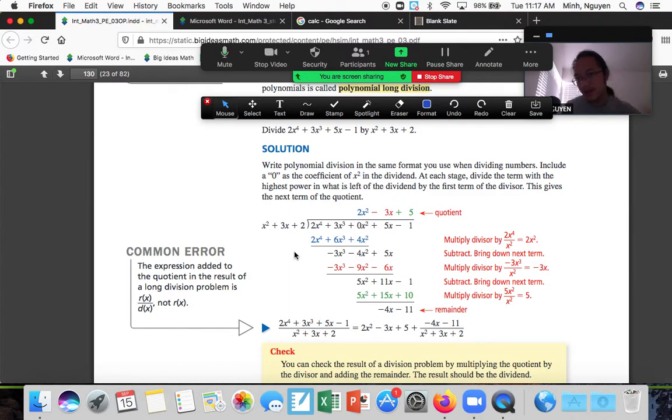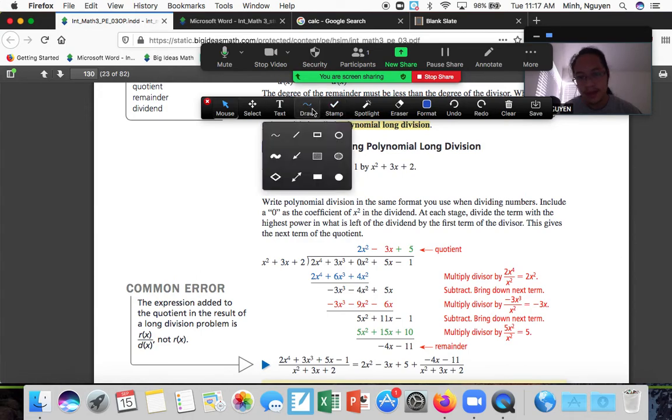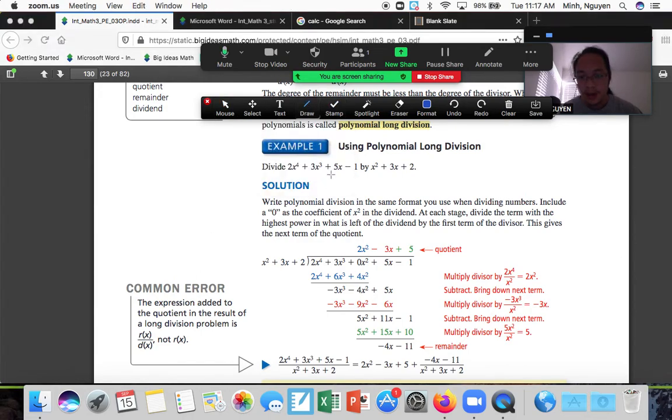I'm just going to do this problem from the textbook, but I wanted to cover it because there's a placeholder here, and we haven't talked about that, but you'll see it in some of the problems. So I'm going to multiply 2x to the fourth plus 3x cubed plus 5x minus 1 by x squared plus 3x plus 2.